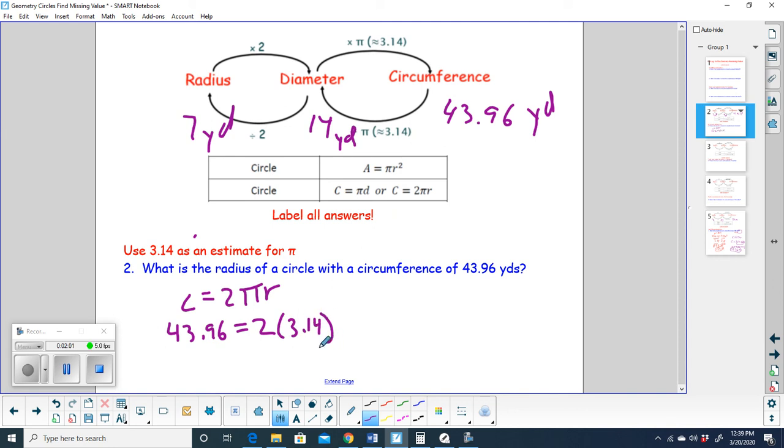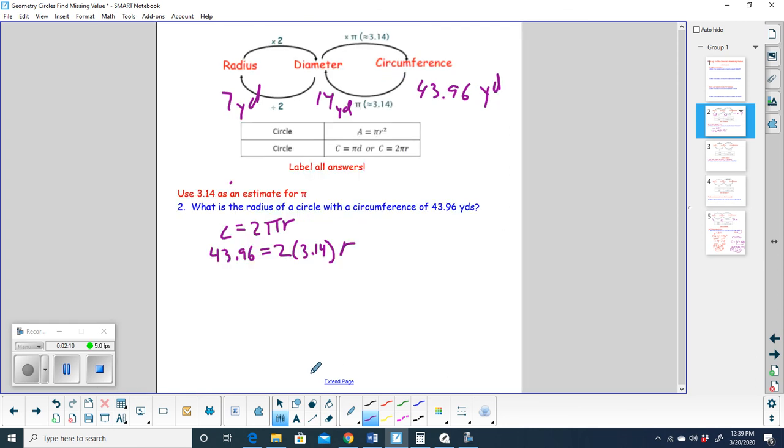So 43.96 equals 2 times 3.14 times r. Now we have one variable we need to solve for. 43.96 is equal to 2 times 3.14, which is 6.28 r.